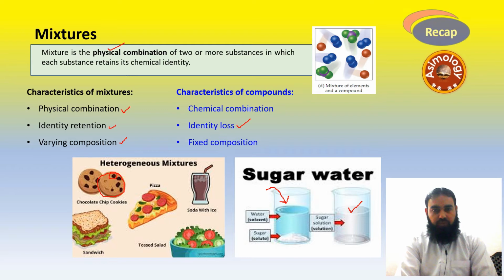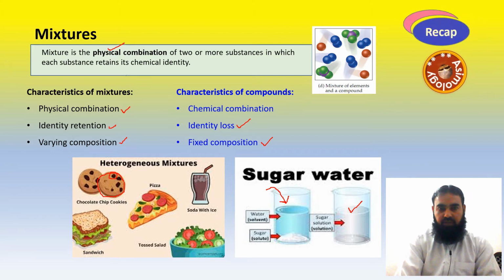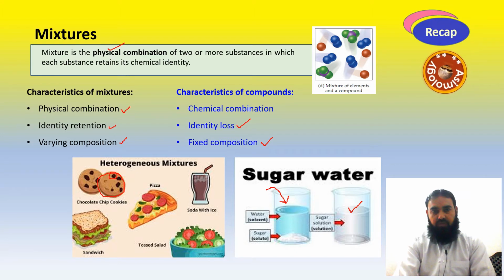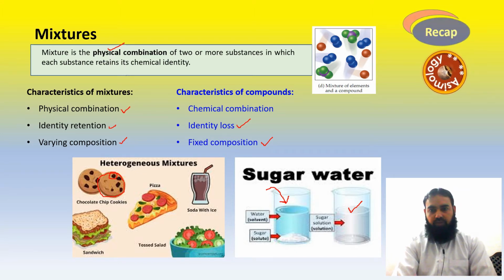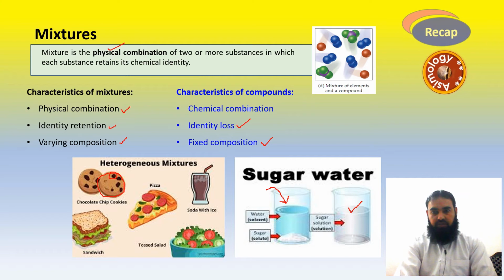And in compound there is a fixed composition, a fixed ratio between the elements, while mixture can be prepared in any desirable composition. So these were some basic key points about compounds and mixtures.